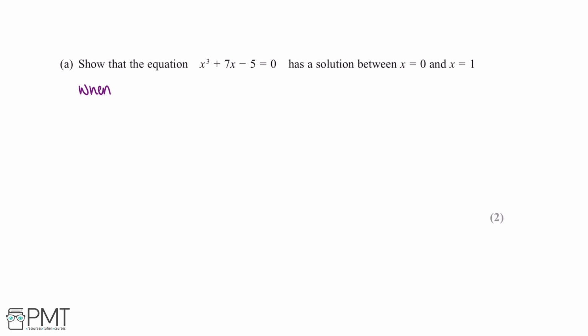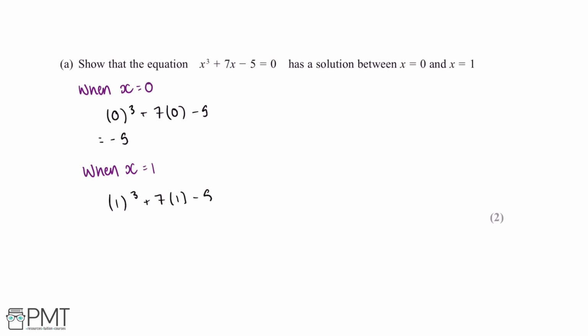So if we start off with when x equals 0, x cubed plus 7x minus 5 will be equal to 0 cubed plus 7 multiplied by 0 minus 5, which gives us an answer of negative 5. And then when x equals 1, x cubed plus 7x minus 5 is equal to 1 cubed plus 7 multiplied by 1 minus 5, which gives us 3.